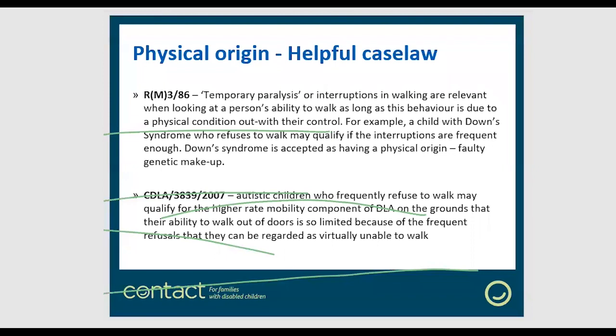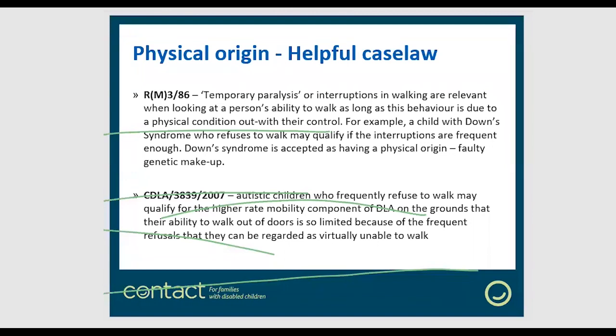Also, CDLA 3839 2007 says that autistic children who frequently refuse to walk can also qualify on these grounds if their ability to walk outdoors is so limited because of the frequent refusals that they're virtually unable to walk. So it's clear that a child who's autistic or has a condition like Down syndrome definitely can be considered under this test, but it's not automatic.